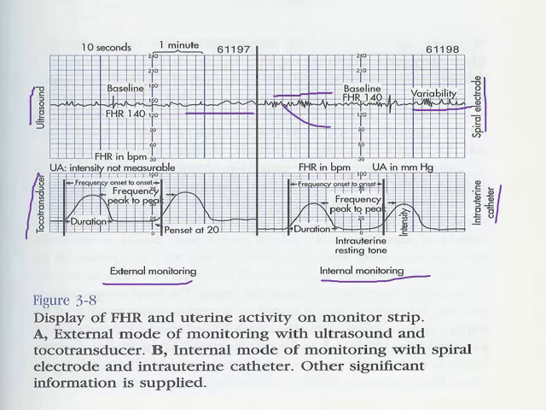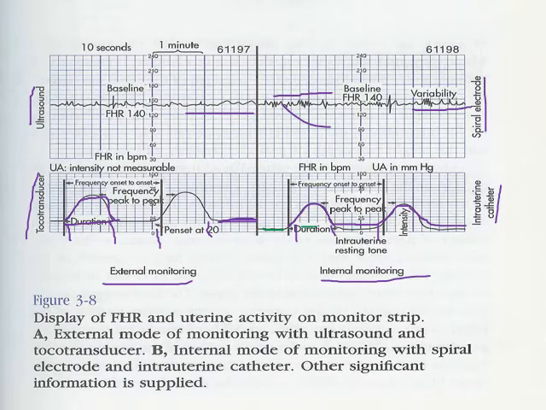Now down here, you're seeing the external monitor showing the contractions. They're every minute here, and they're lasting about a minute. We don't know how strong they are. This is arbitrary. But over here is the internal. So now we can see very specifically that these are still every minute, just like we saw on the external. But what we additionally see here is it's rising. The baseline is about 5 here.